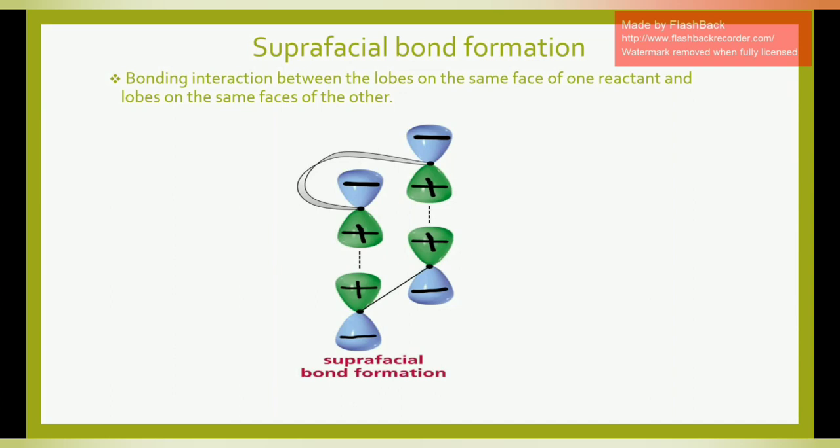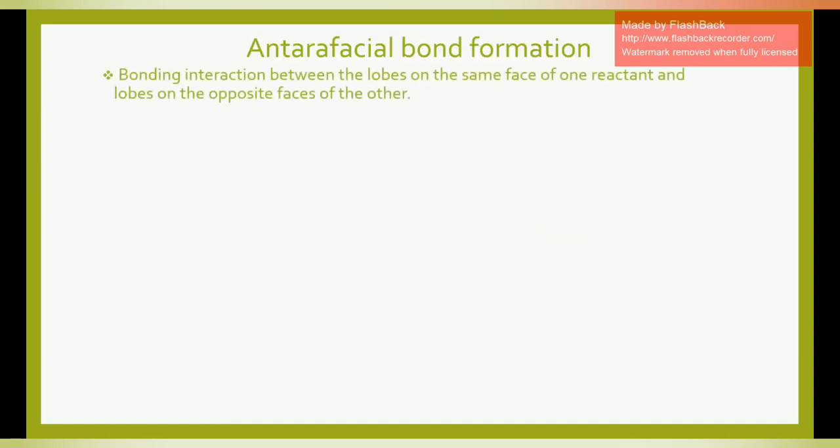If the structure of HOMO and LUMO of the two reactants is such that bonding interaction occurs between the lobes on the same face of one reactant and the lobes on the same face of the other, then the interaction is called suprafacial interaction. Another one is antarafacial bond formation.